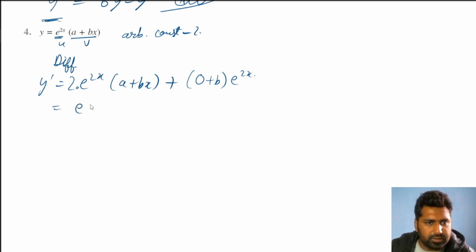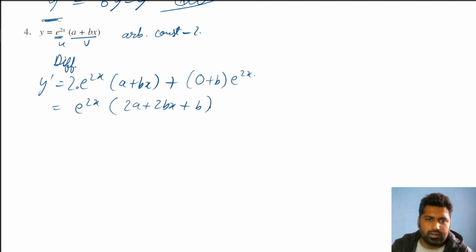So you can take e raised to power 2x as common, and this is 2a plus 2bx plus b. Okay. All right.